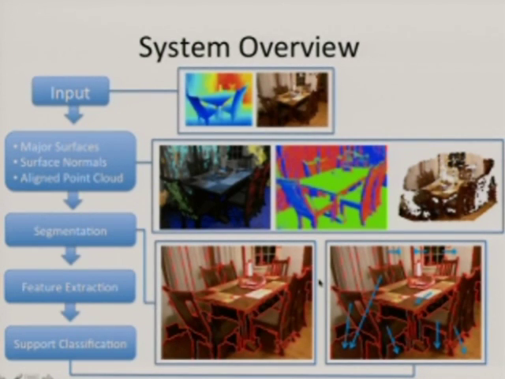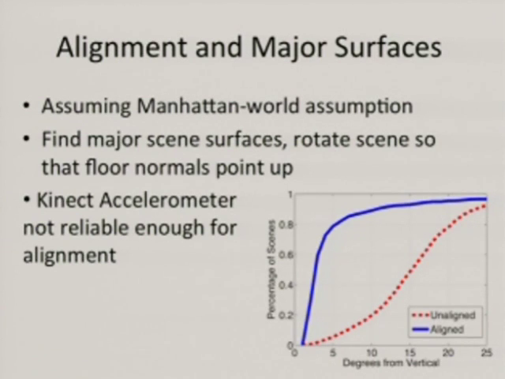So just to go through the pre-processing phases quickly, essentially we're going to assume that there is some orthogonality between the wall and the floor. We're not in the data center or something like that at MIT. The idea is to take the point cloud we get from the Kinect, fit planes to the major surfaces, and then rotate everything so that the floor is pointing directly upwards. You might think you could do this automatically with the Kinect's accelerometer.